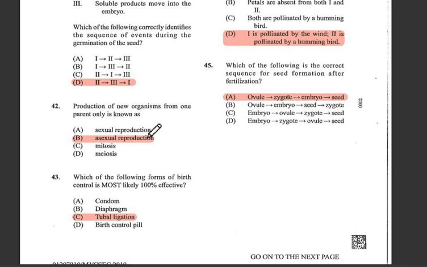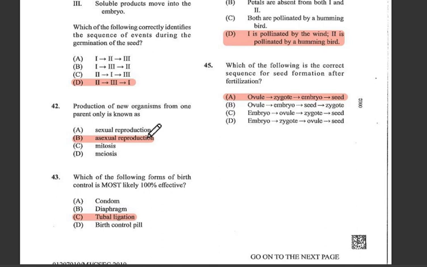Number 43. It says which of the following forms of birth control is likely to be 100% effective? Alright, so we're looking at the effectiveness here between these. So birth control is not 100% effective. Condom is not 100% effective.